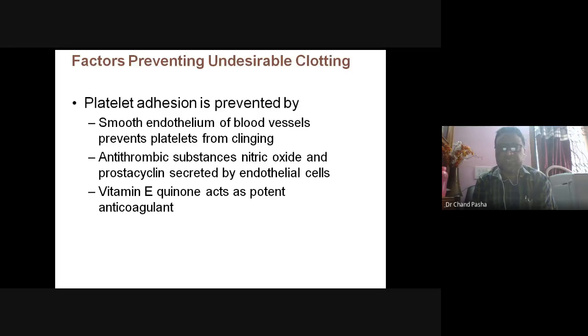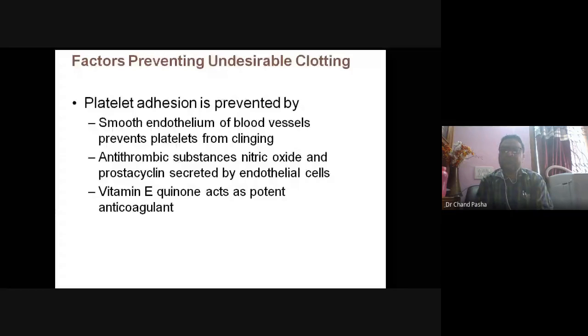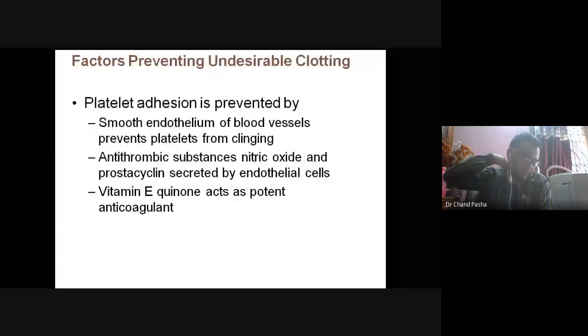Prostacyclins are secreted by the endothelial cells, and they also help in antithrombotic activity. Vitamin K, a quinone substance, acts as a potent anticoagulant. As age goes on, the vitamin K quantity gets reduced, and irregular or abnormal clotting takes place.